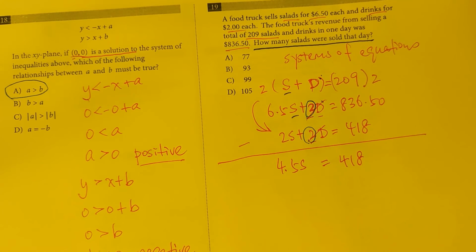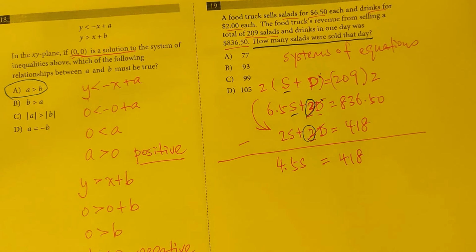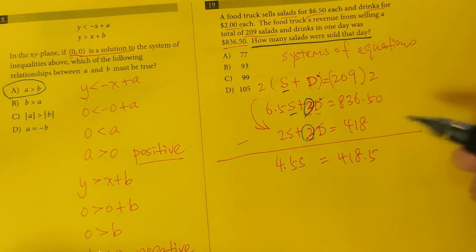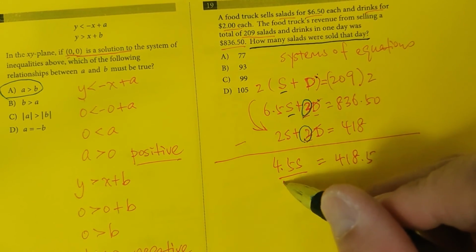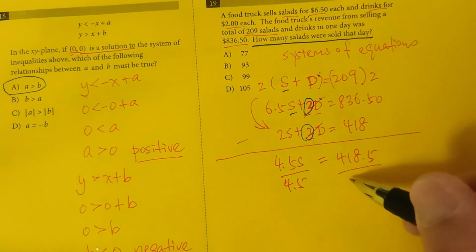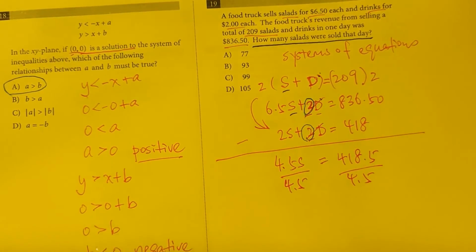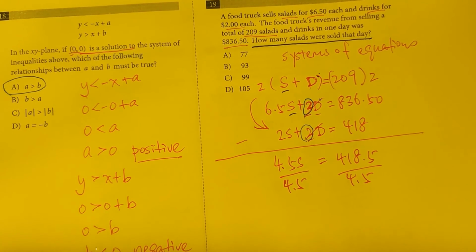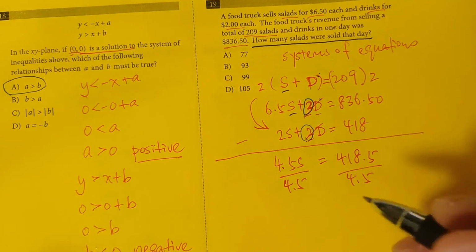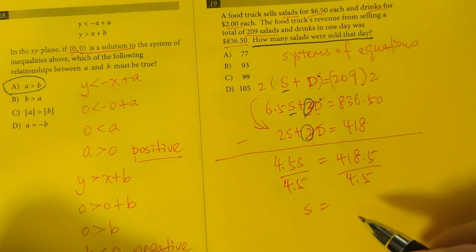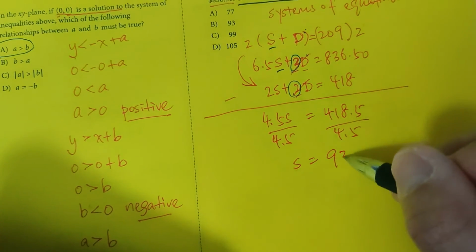Yeah, all right, so you go 836.5 minus 418, you have 418.5, and then you get rid of the 4.5 by dividing both sides by 4.5, and you have 93, so S equals 93.